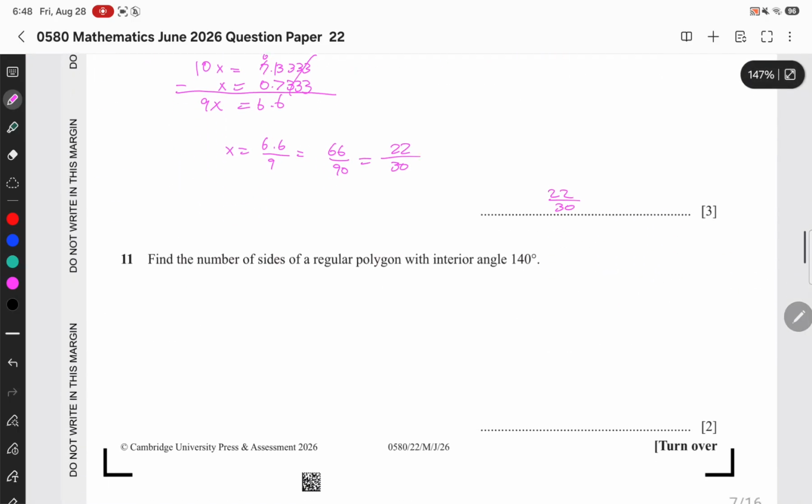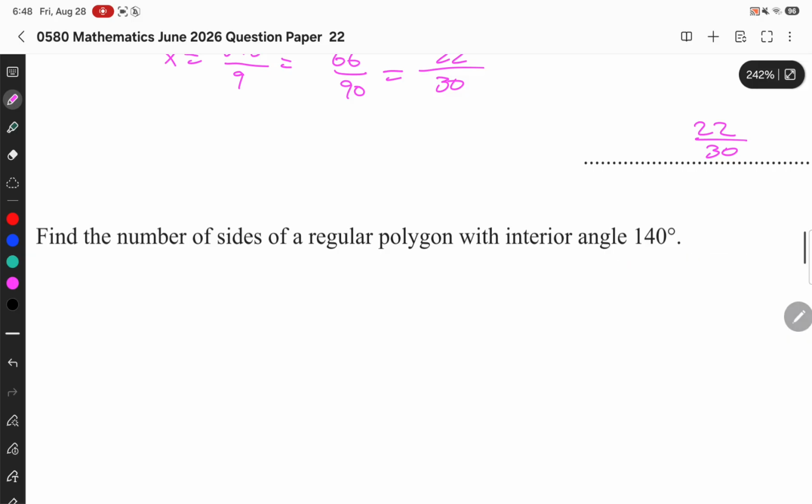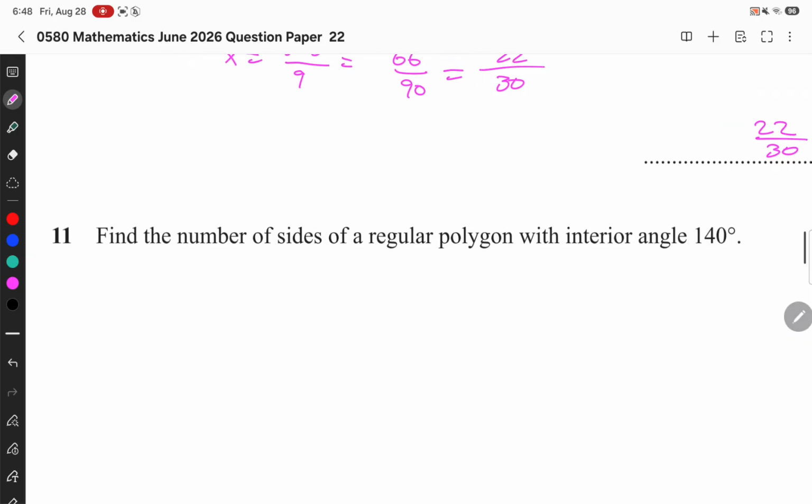Number of sides of a regular polygon with an interior angle of 140 degrees. So one interior angle is 140 degrees. So let's do it. 180 times n minus 2 over n is equal to 140.